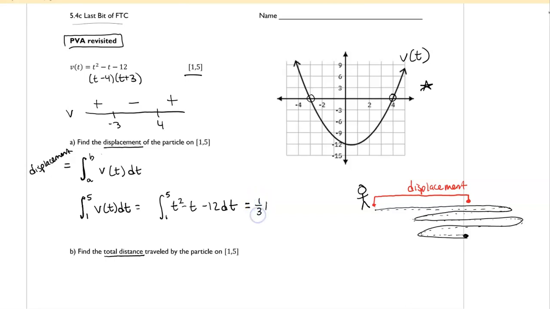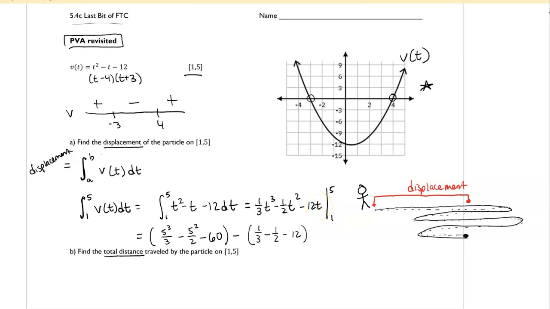The antiderivative is 1/3 t cubed minus 1/2 t squared minus 12t, and we're going to evaluate that at 5 and 1 using our first fundamental theorem of calculus. That is 5 cubed over 3 minus 5 squared over 2 minus 5 times 12 is 60, minus 1 cubed over 3, that's 1/3, minus 1 squared over 2, which is 1/2, minus 12.